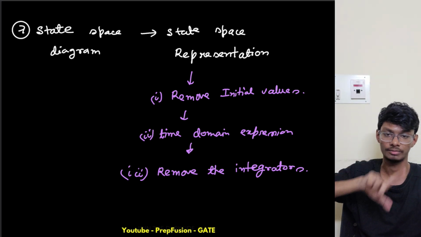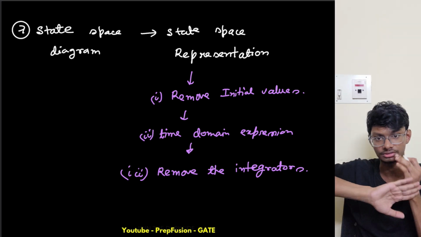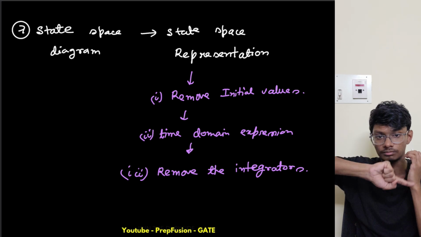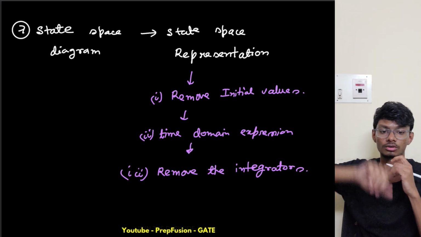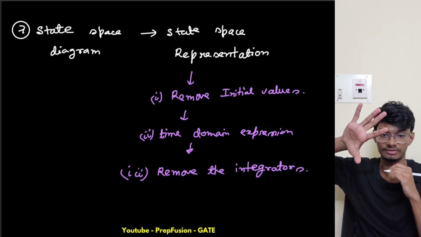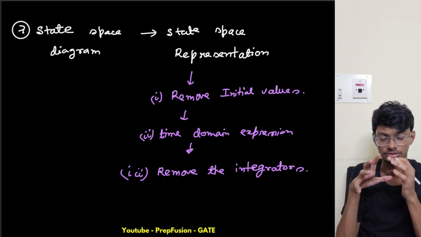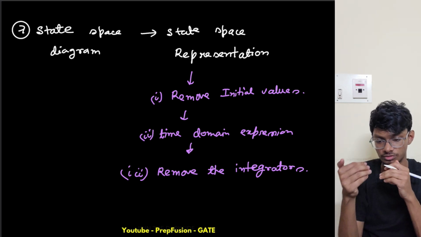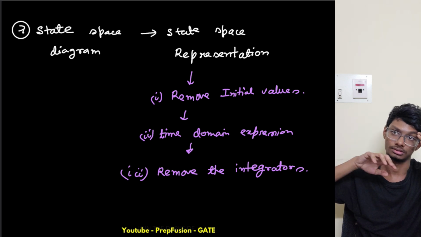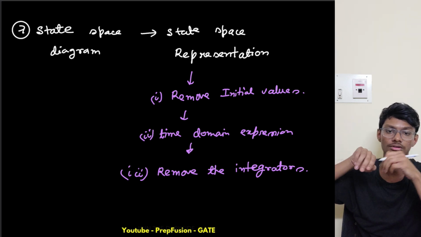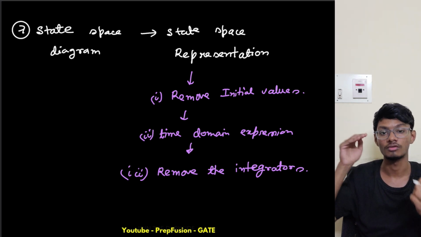But one thing we have to keep in mind in this case, going from state diagram to state space representation, is that if there are multiple forward paths to the same state variable, or there is some loop present in the state variable, then we have to solve it with caution, and we have to use the principle of superposition. So if there are multiple forward paths, you have to use the principle of superposition and solve for each state variable.